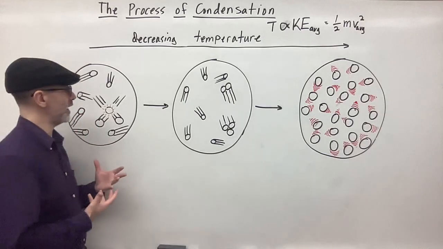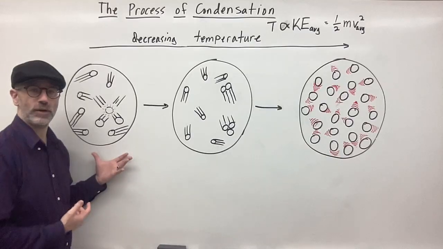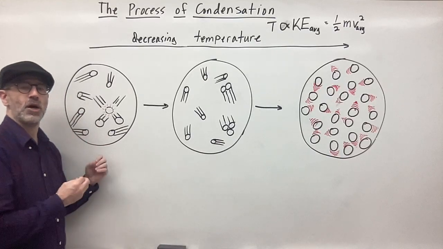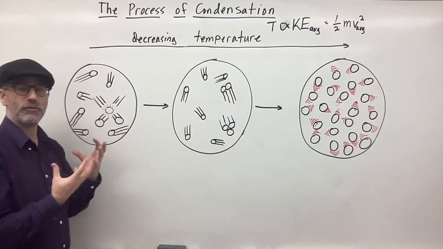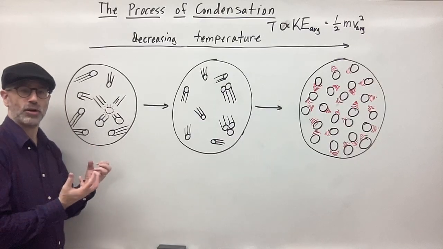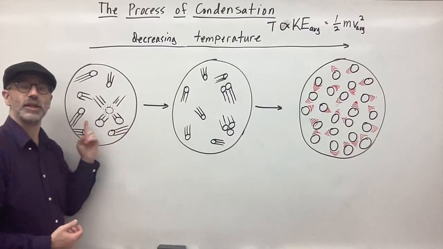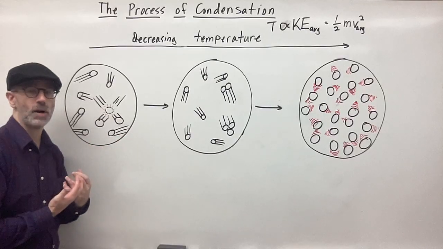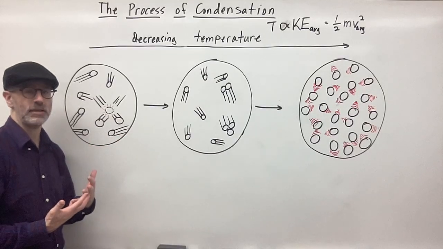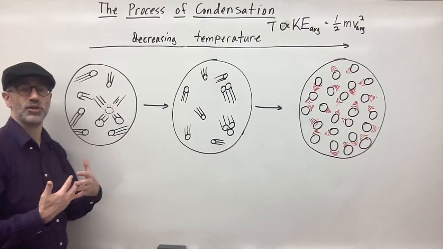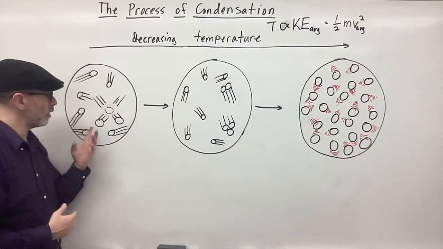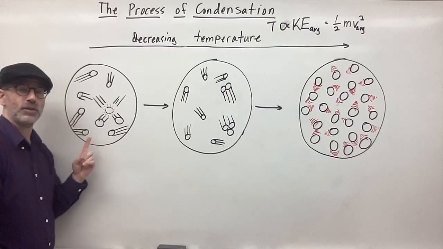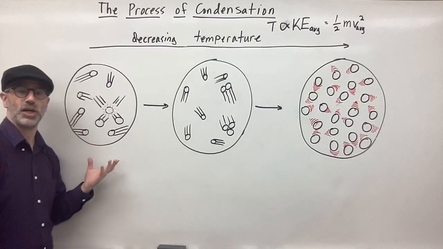So what's going on at the particle level? Because they're moving so fast, you've got to remember that these particles, at the very least, have London dispersion forces, but if we're talking about water molecules, they also have hydrogen bonding, which is relatively strong. But as these particles move around, they're going to collide into each other.